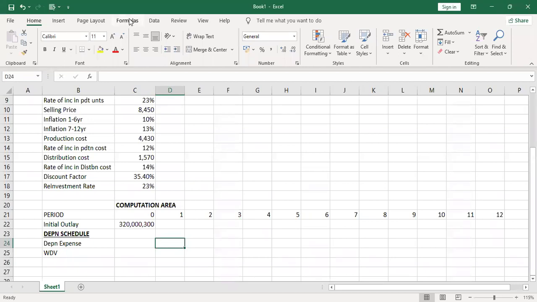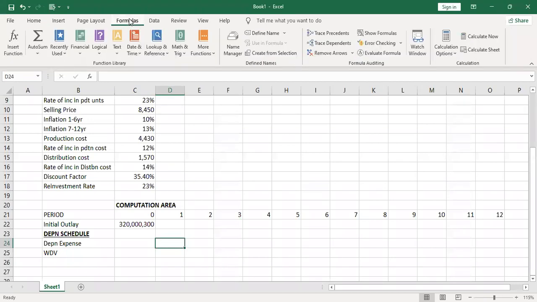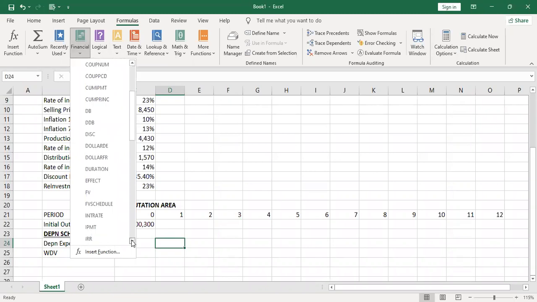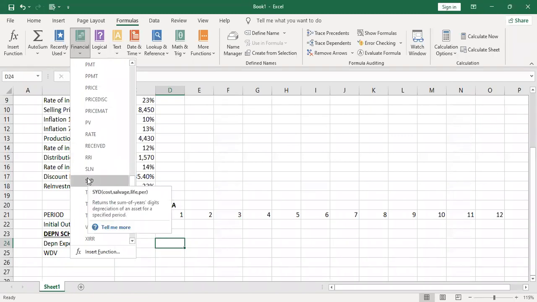Then you click on formulas, financial, and then you look for SYD. SYD is the sum of years depreciation method. SYD returns the sum of years depreciation of an asset for specified what?